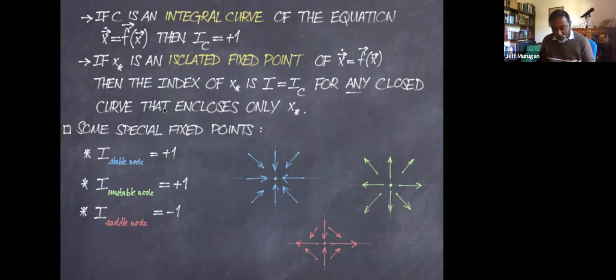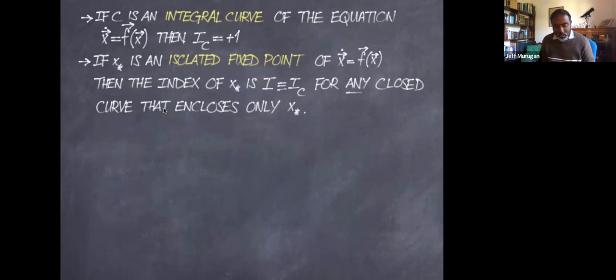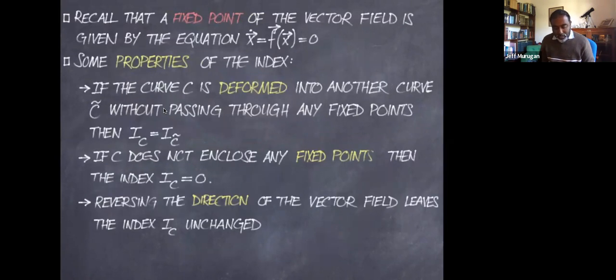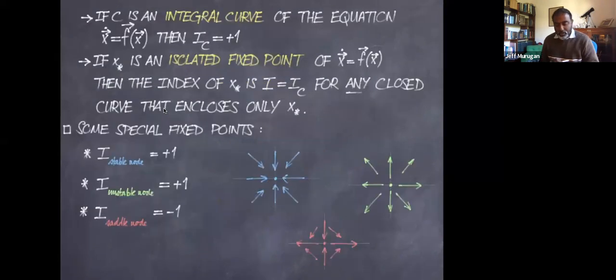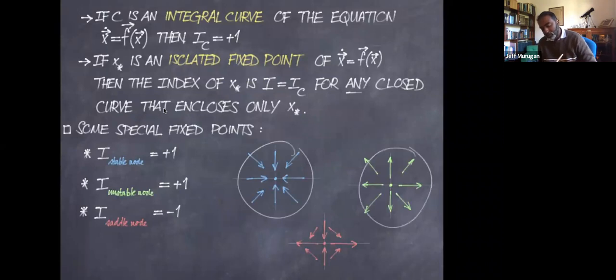But there's a shortcut to this, which is the fact that we noted that if I reverse the direction of a vector field, then the index of the curve is unchanged. The index of the curve is invariant if I flip all the vectors in my vector field. So if you think about what's going on between the blue vector field and the green vector field, I've done exactly that.